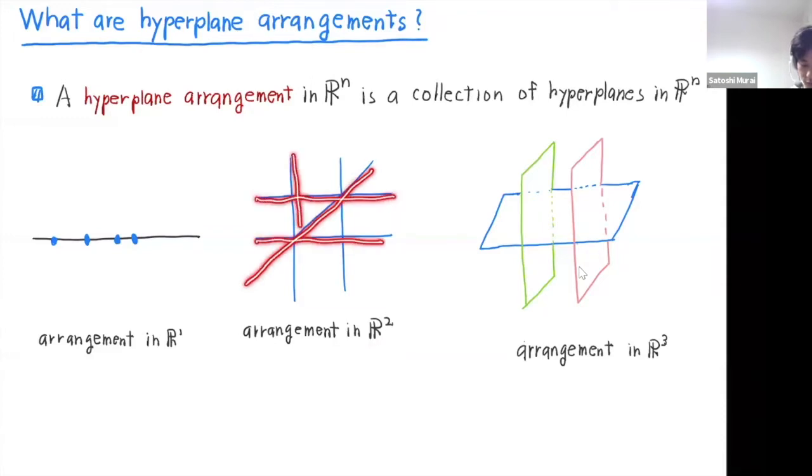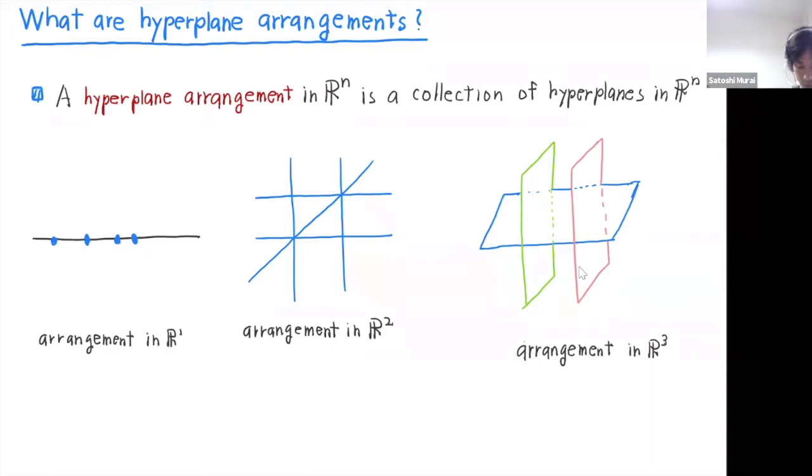So we have 1, 2, 3, 4, 5 lines in the plane, and this is actually a line arrangement. And if you go to dimension 3, then you have a collection of planes. And these are very basic combinatorial objects.